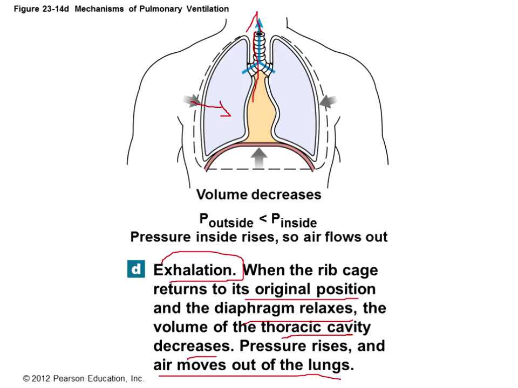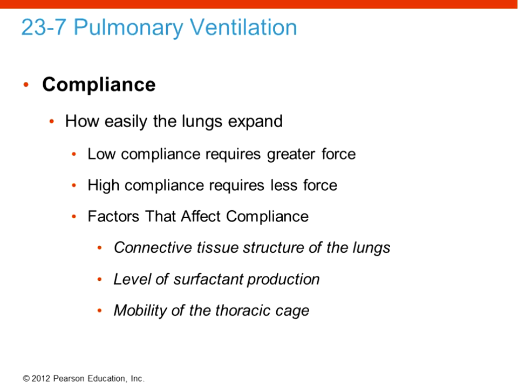This is a really nice illustration showing what's happening at rest, when it's pretty much equal, versus inspiration and then expiration. So make sure you have a really good understanding of why the air is flowing due to Boyle's law: as the volume changes, the pressure changes, and that's what causes airflow.